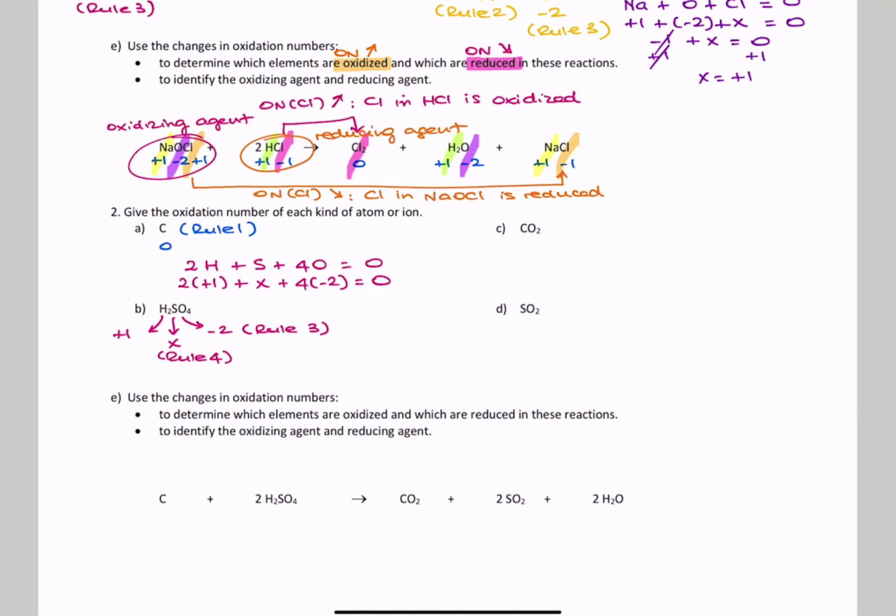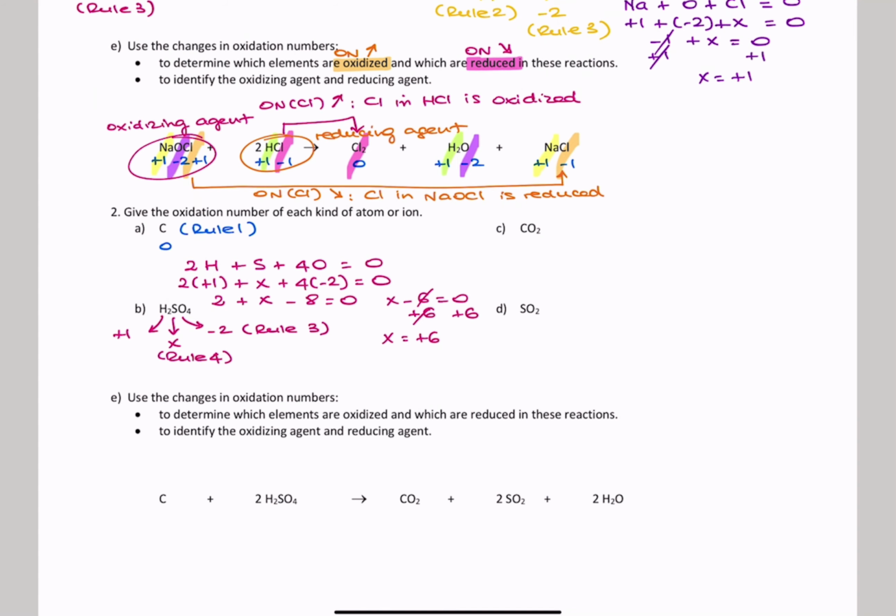We're going to solve this equation. 2 plus X minus 8 equals 0. Therefore, we get X minus 6 equals 0. Add plus 6 on each side. X equals plus 6. So the oxidation number of sulfur in this compound is plus 6.